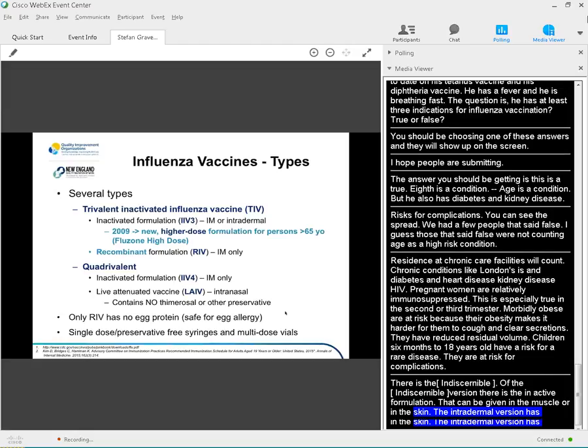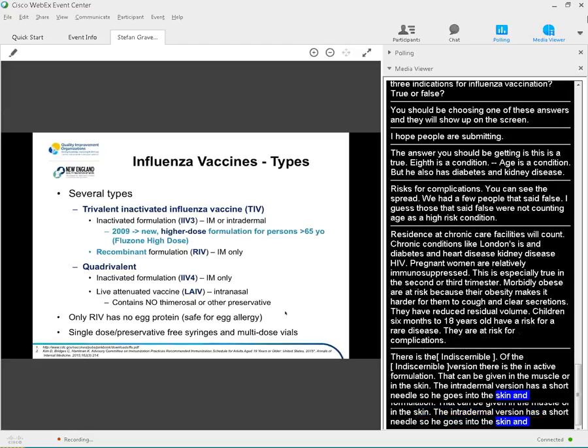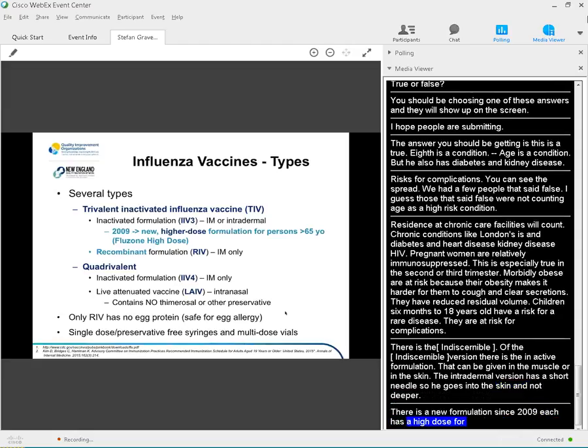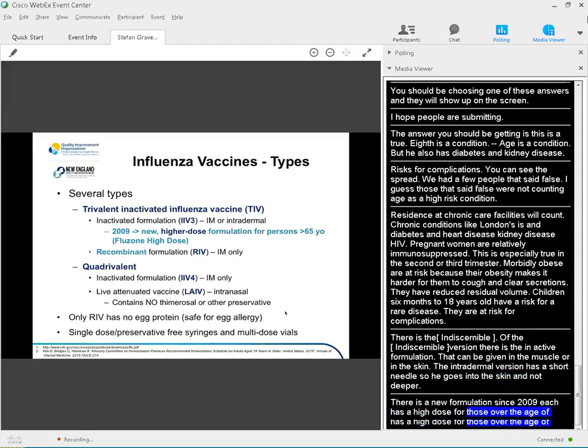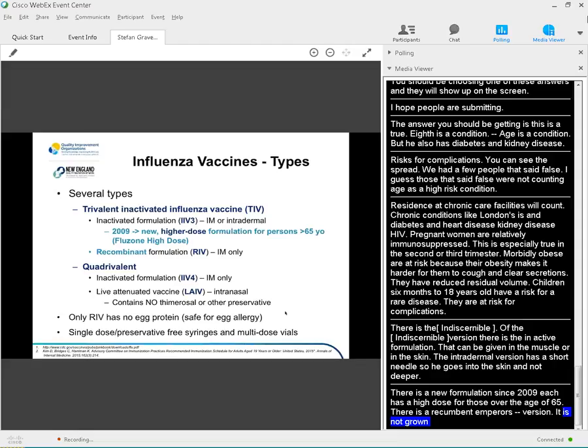There's a new formulation out since 2009, which has a high dose for individuals over the age of 65. And finally, there's a recombinant version out. The recombinant version differs from the other ones in that it is not grown in eggs. So egg allergy people can get this vaccine without worrying about their egg allergies.